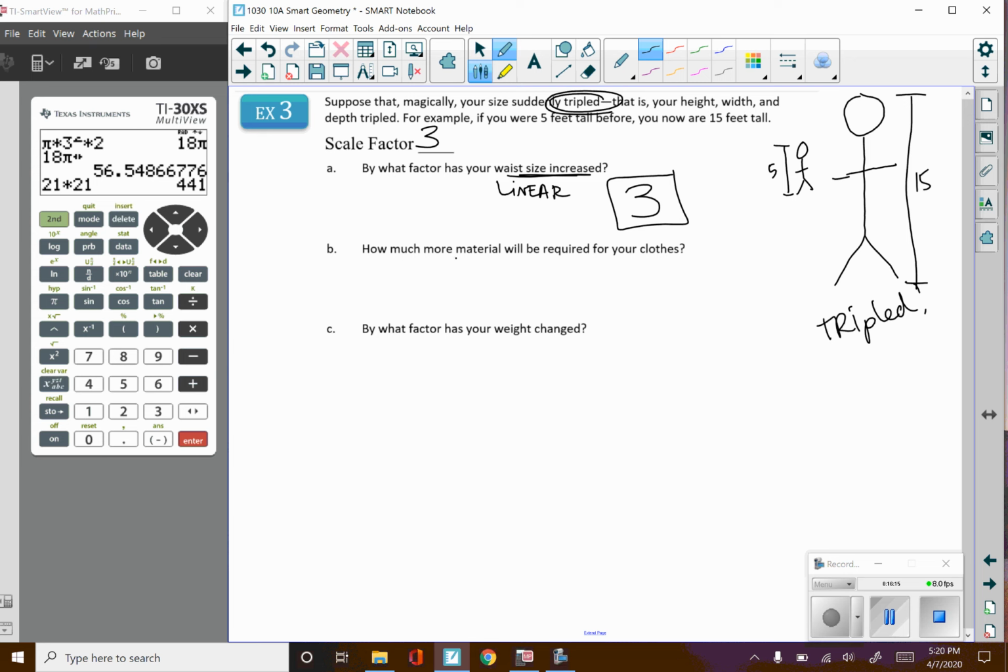Second part, how much more material would be required for your clothes? Well, think about material. Material you can lay flat on a table. Material is two-dimensional.